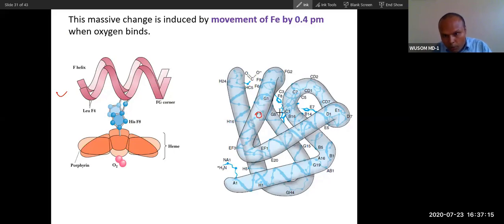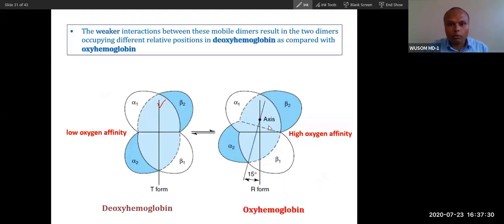The F helix will pull down, and G is connected to F, so GH will move, and then there will be relaxation of this chain. So you can see there will be a shift in the axis of this alpha beta dimer with each other, a 15-degree shift.